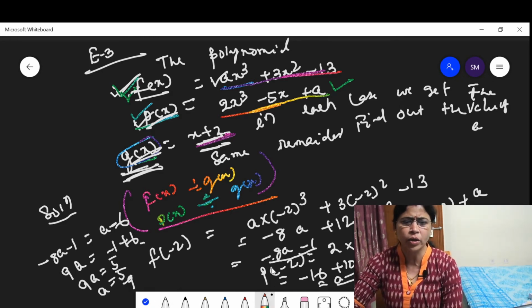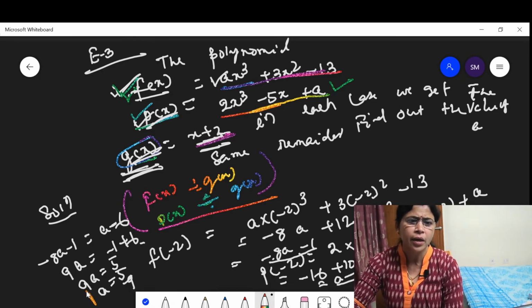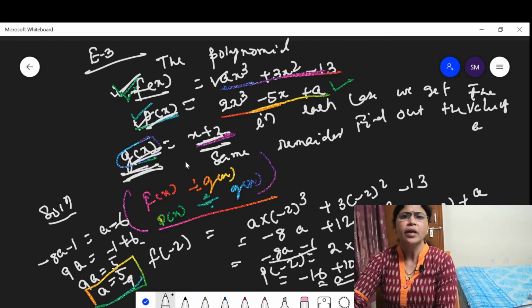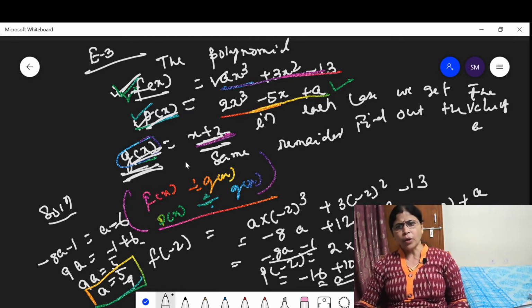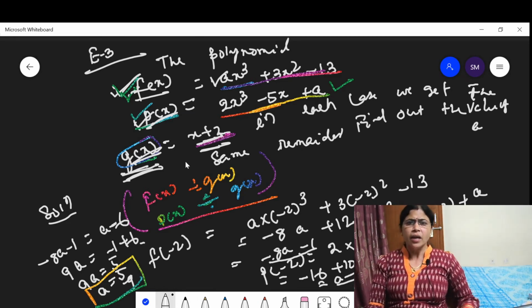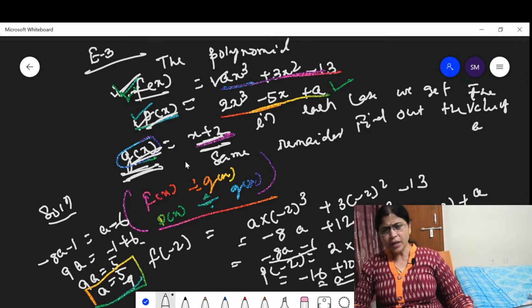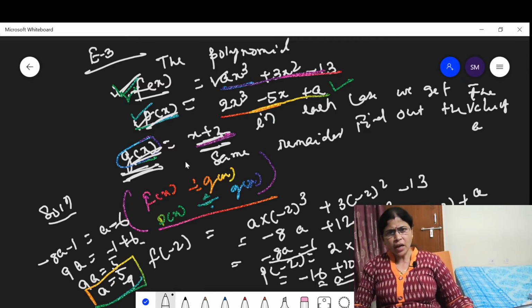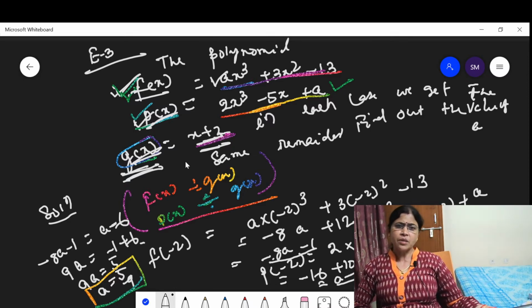Here a equal to 5 upon 9 is the answer to the question, because the condition given is: the polynomial f(x) is ax cube plus 3x square minus 13, p(x) is 2x cube minus 5x plus a, and g(x) is x plus 2.